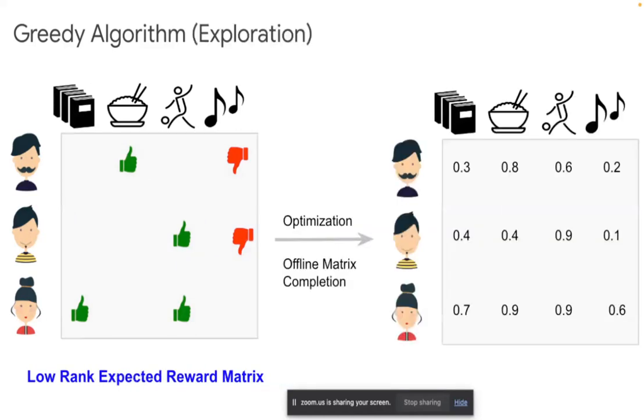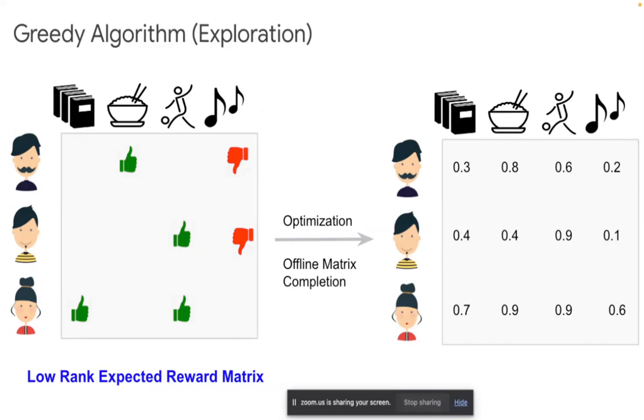So what we can do at the end of the exploration period is to solve an optimization problem. We can minimize the squared error on the observed entries plus have a trace norm regularizer to account for the low rankness of the true reward matrix. We can solve this optimization problem to get an estimate of the entire true reward matrix.